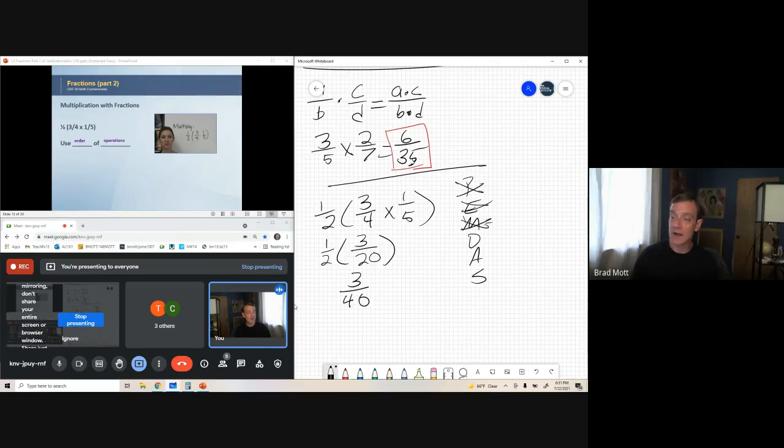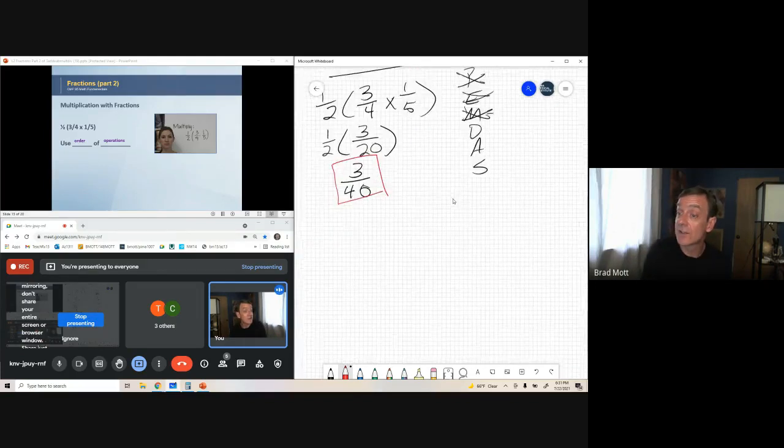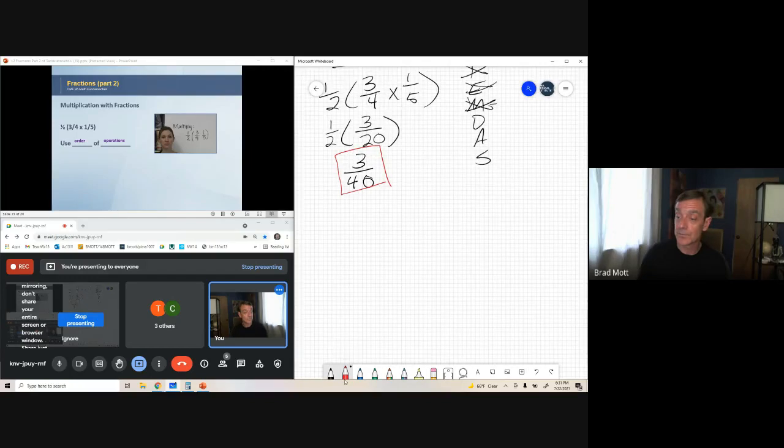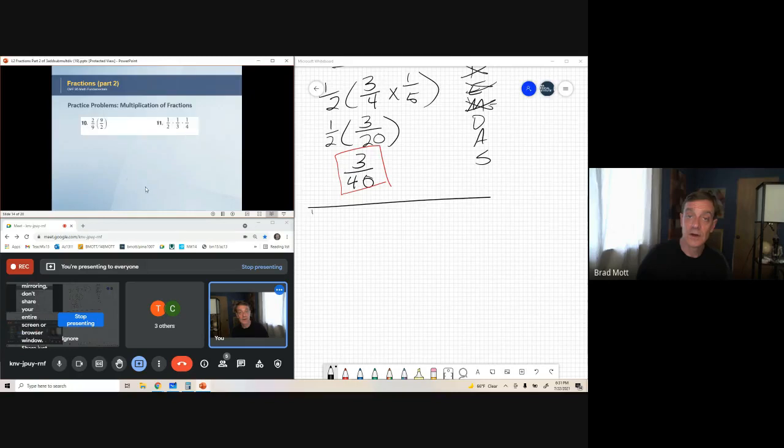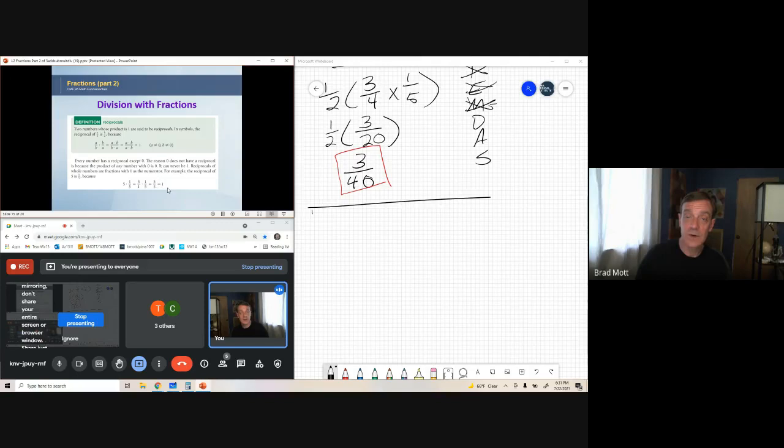And that is our answer, 3/40. Make sure that is simplified. And the correct answer using order of operations and multiplication of fractions is 3/40. Okay, I'm not going to worry about that.